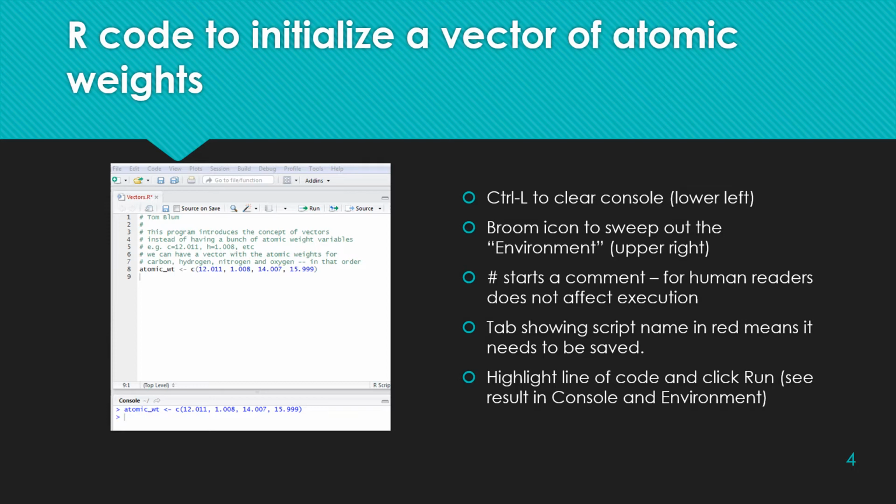Okay, now let's talk about this particular program. In a previous program, we introduced the concept of variables, and one of our examples was from chemistry, where we had a bunch of variables that were the atomic weight of carbon, the atomic weight of hydrogen, and so on.